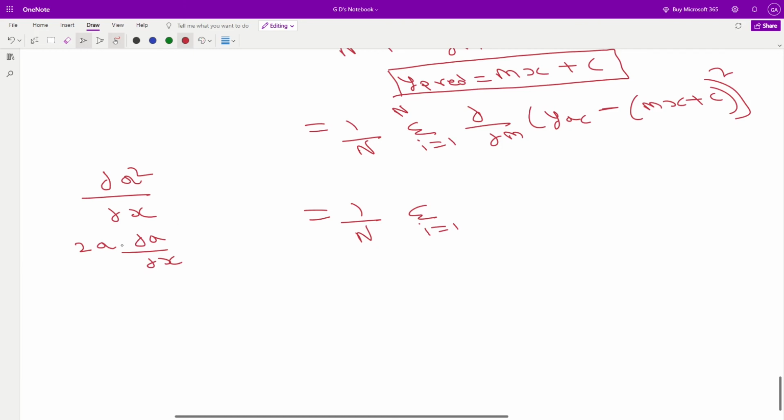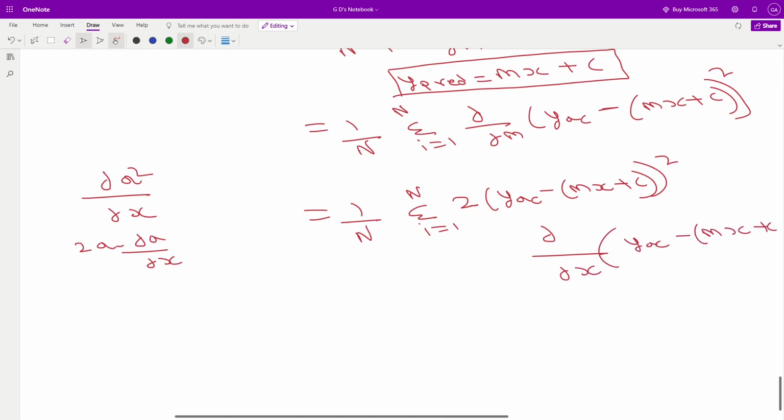The same rule I'm using right now, I'm writing: 2 into (y actual minus (mx plus c)), again into dou by dou x of (y actual minus (mx plus c)). If a square has some x term, we can do it like this. That is what I'm doing right now.